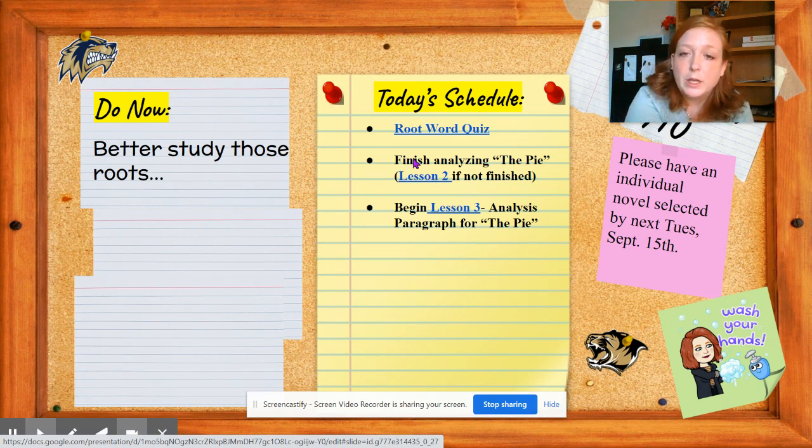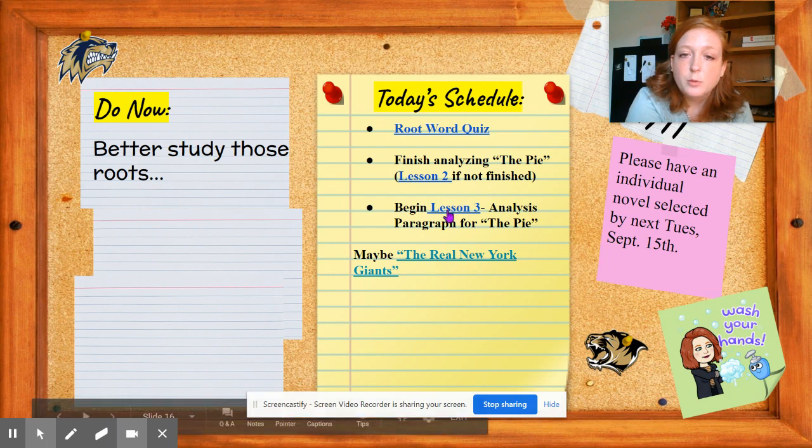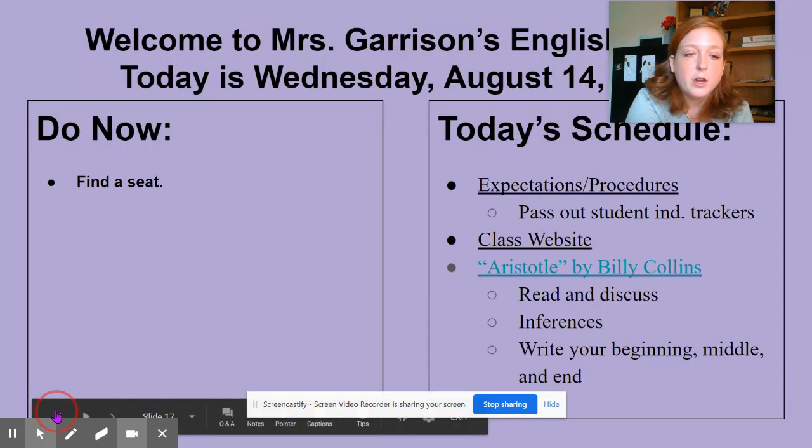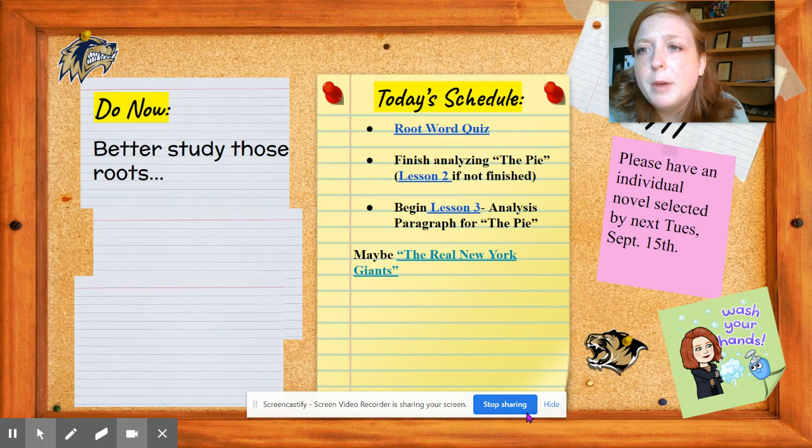Next week, we'll begin lesson 3, where we will write a literary analysis over the text. I haven't gotten that far yet in my planning, but that is the plan.